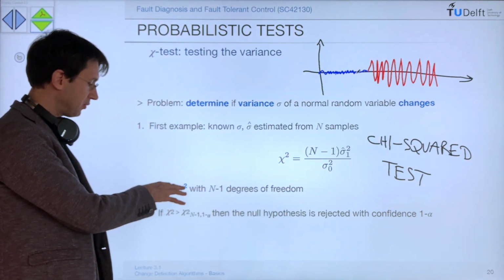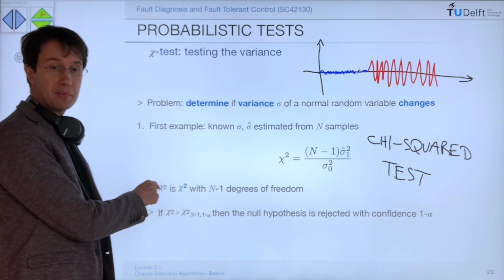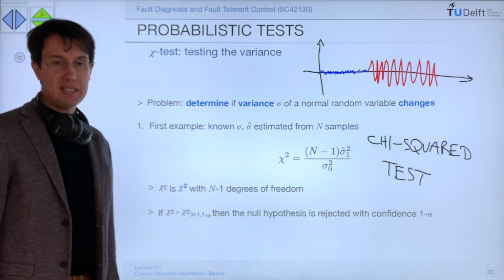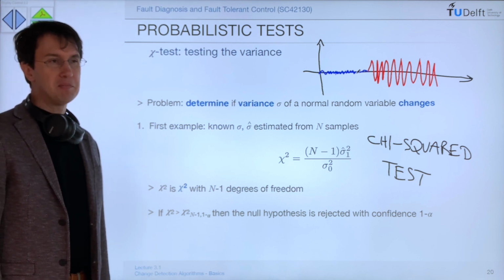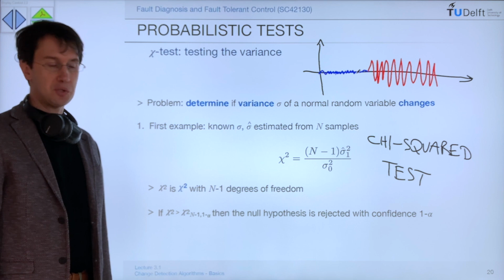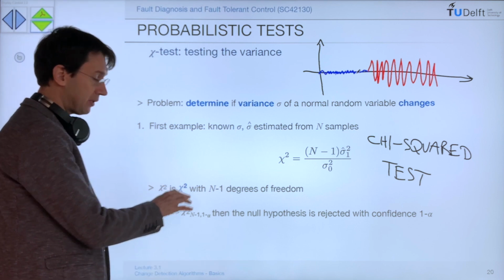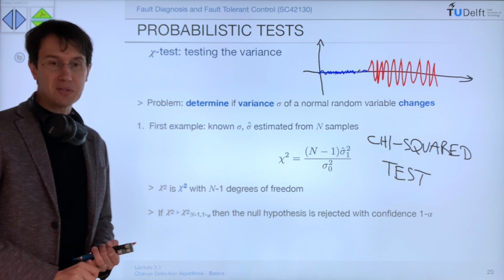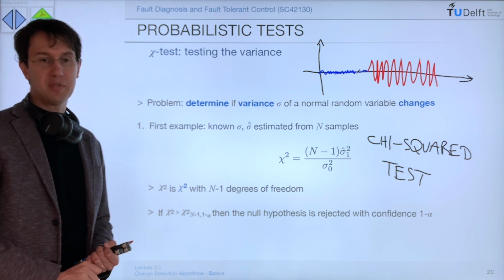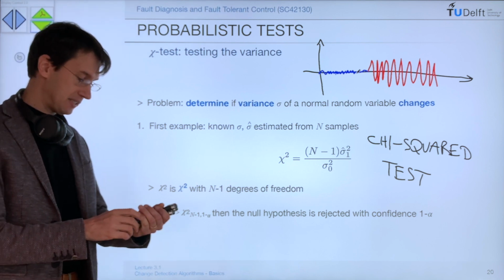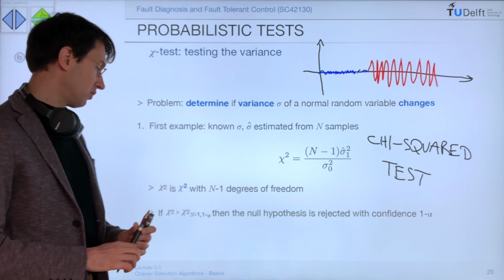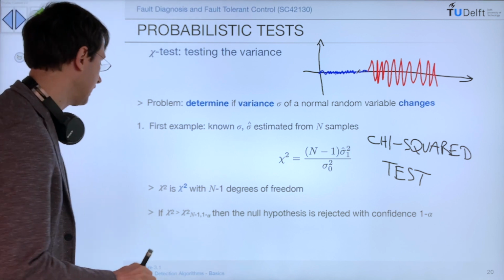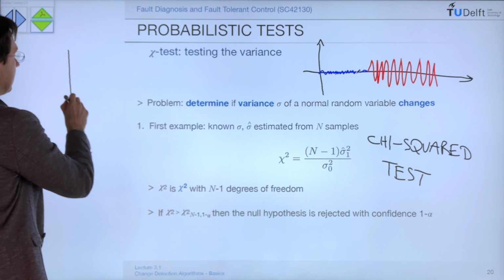Now, once you compute one sample of this chi-squared variable, the way to implement the test is a little bit different than what I've shown before, because the chi-squared variable is non-negative. And so when you implement the test, this is going to be a one-tail test. Said in other words, if we look at the CDF of chi, it is going to be something like this.